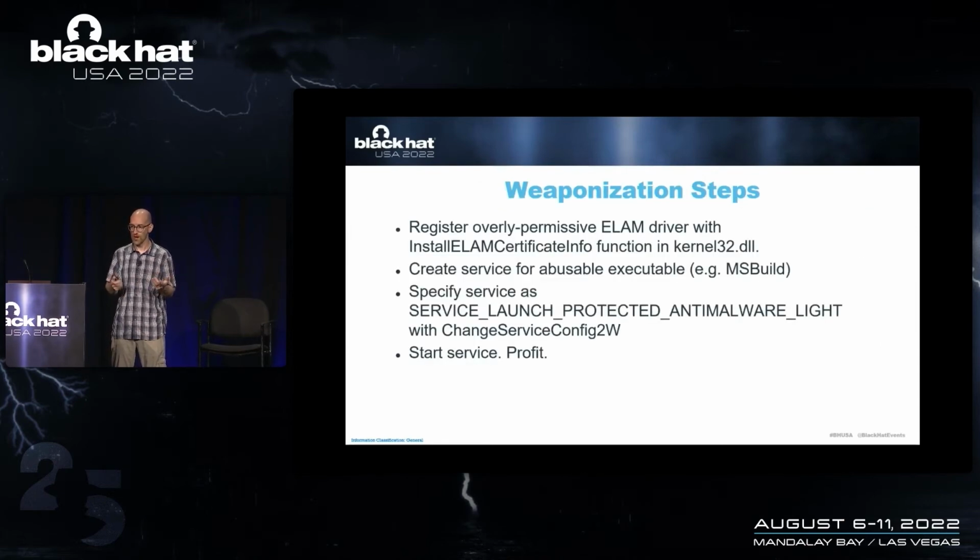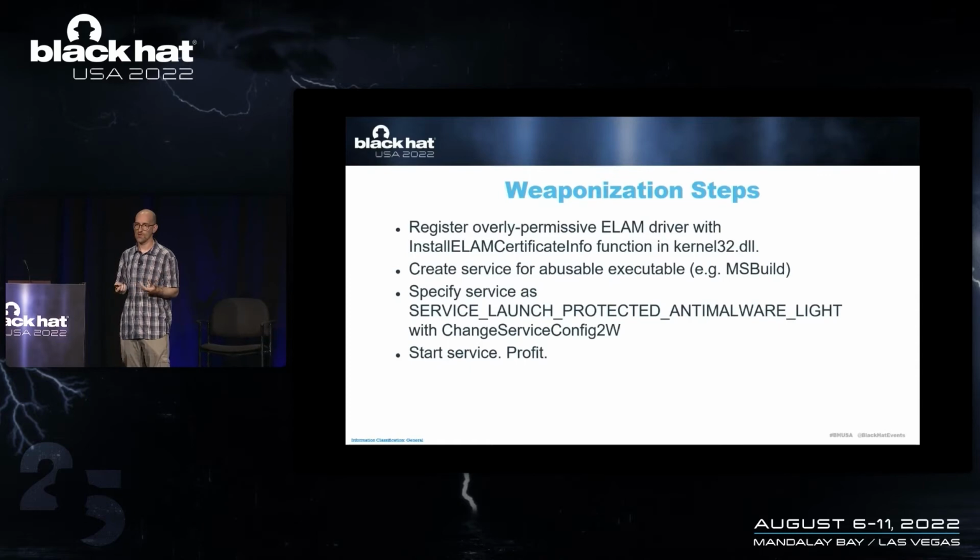Okay, so what do you do with that? Once you identify that candidate MSBuild, I would like to get arbitrary unsigned code execution from that. What you do is you take the ELAM driver that you identified was overly permissive and had that Microsoft rule in it, and you drop it to the host. It's signed, it's legitimate, it's fine, and you call the install ELAM certificate info API. You have to do this as admin.